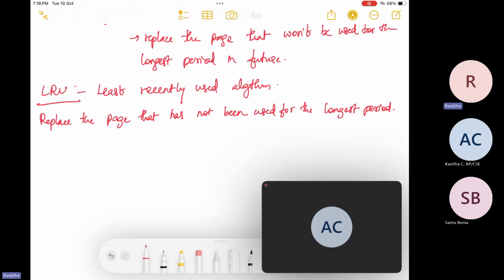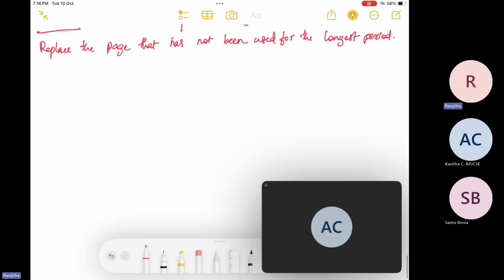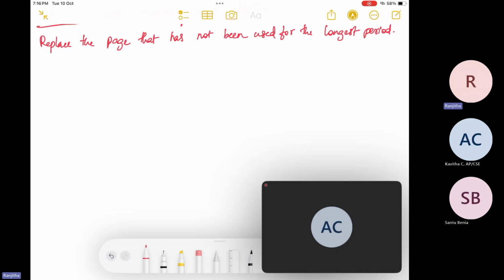Let's take a look at one example and see how LRU works. Let's take the reference string from the lecture itself.